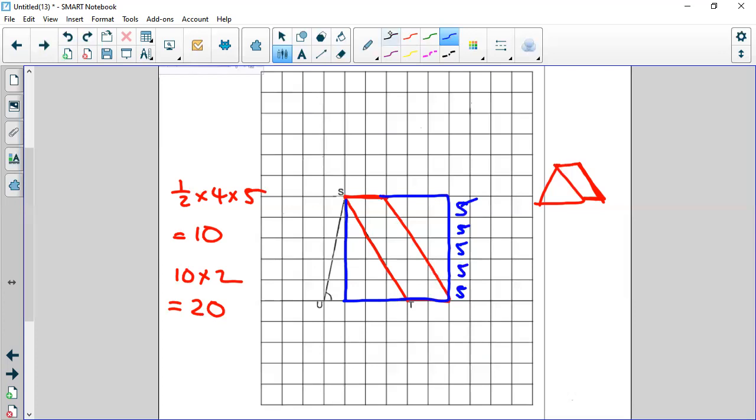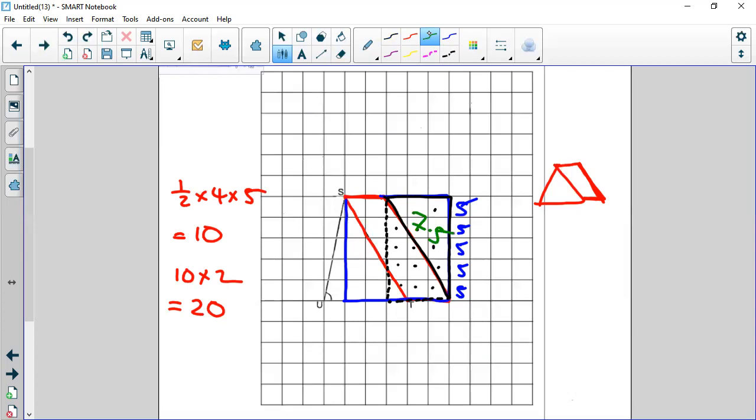Now I want you to see this triangle. How many squares do you think it is made of? If you are not sure, look carefully. I can form a rectangle. This black rectangle is how many squares? 1, 2, 3, up to 15. 15 divided by 2 is 7.5 squares.